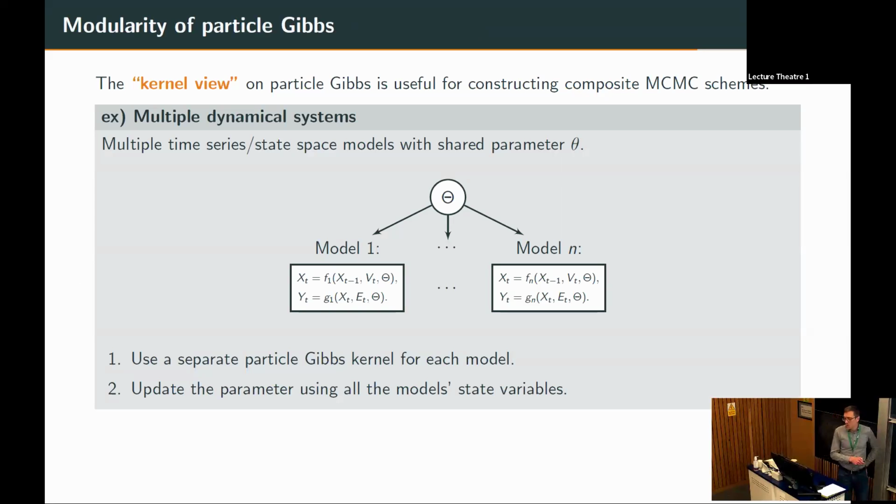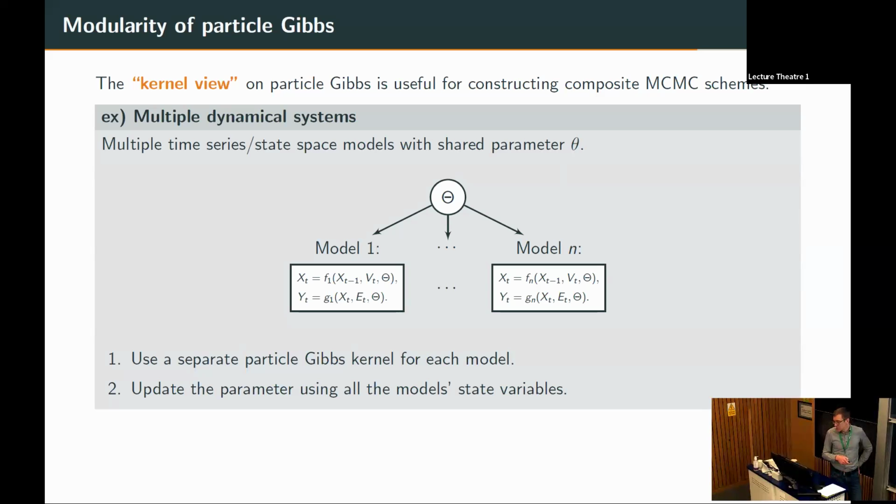Okay, moving on with more extensions, it can be interesting to note that the way I presented particle Gibbs now is really as an algorithm which implements a Markov kernel, which has particular properties. This also means that we can use this kernel freely in more composite algorithms as just one component.